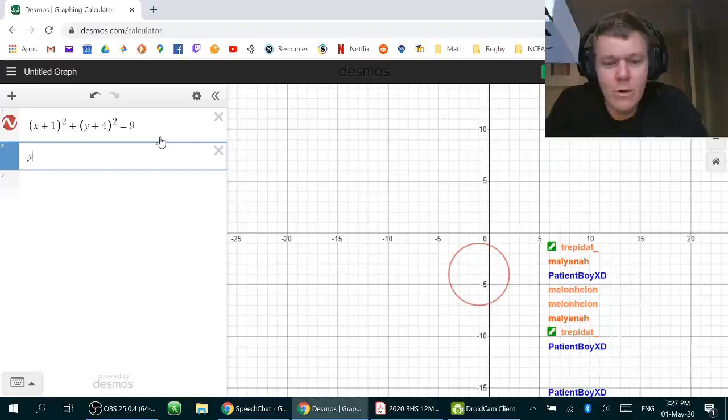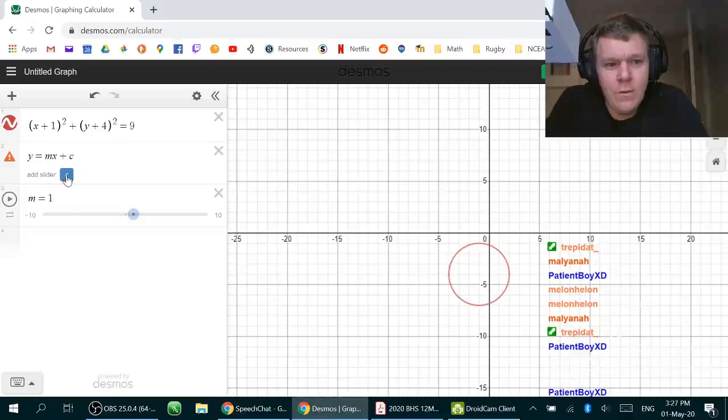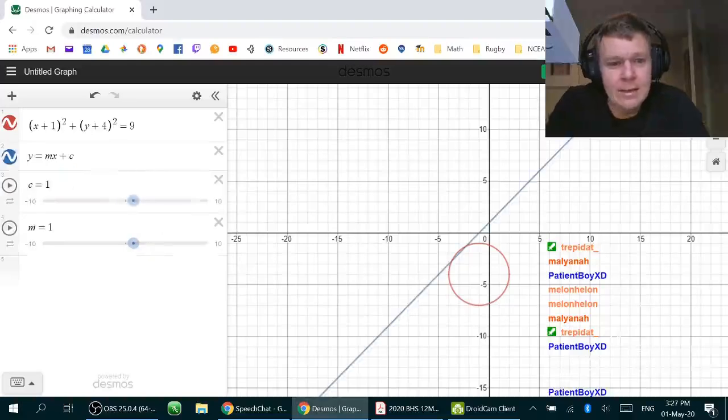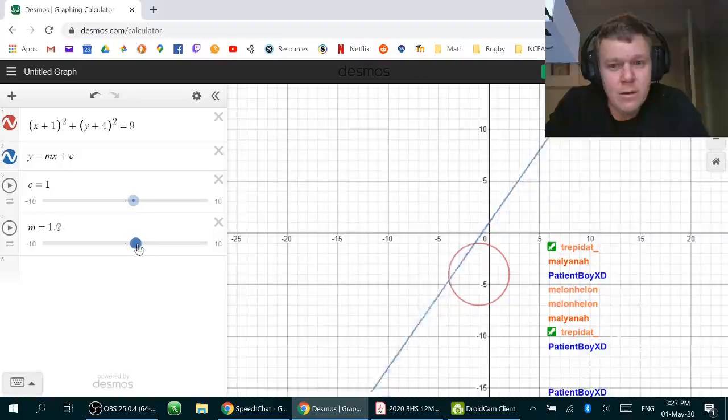But yeah, you can do this with Desmos with any formula. If you just go y equals mx plus c, then you can add sliders for m and c, and by changing the gradient, you can see what's happening there.